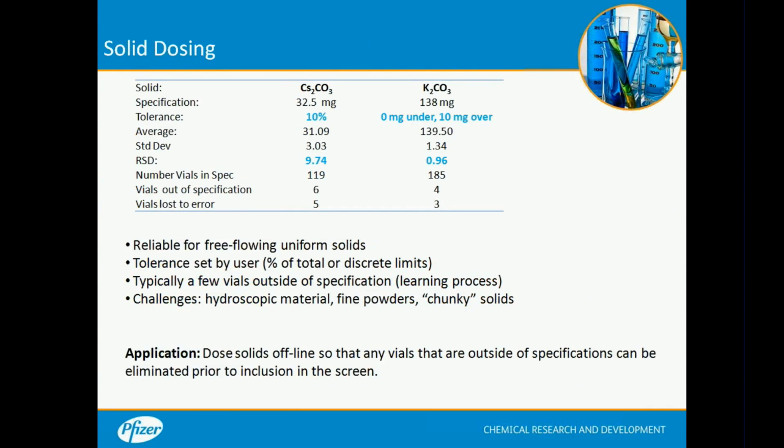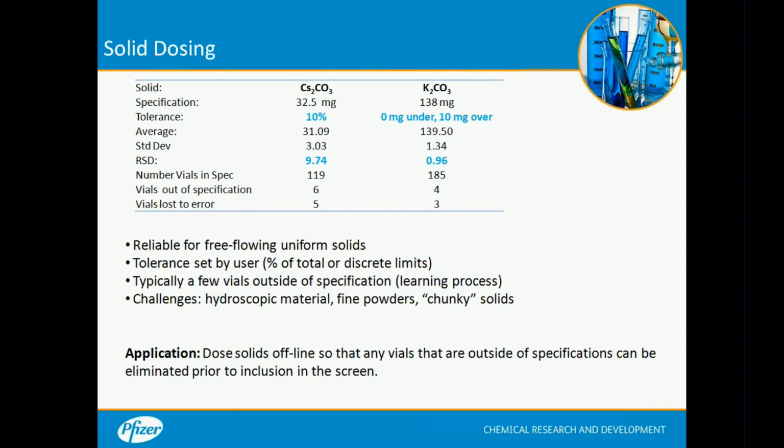And what was great is 119 vials were dosed very successfully within this 10% limit. There were a few vials lost that were outside of specification. This is very typical because as the hopper dispenses over multiple vials, you get some learning. It'll speed up as it gets accustomed to the solid and how quickly the solid doses onto the balance.